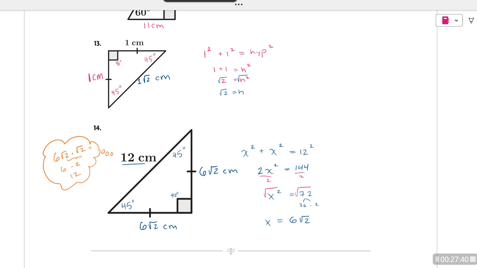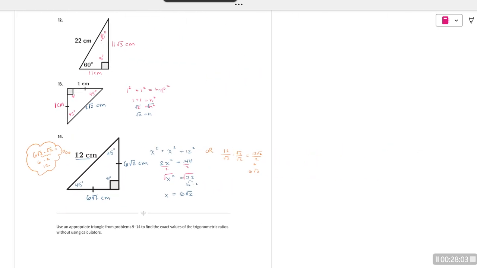Another way to get those side lengths is I could have divided 12 by root 2, and then rationalized. So that becomes 12 root 2 over 2, which is 6 root 2. So two different ways of getting that answer.